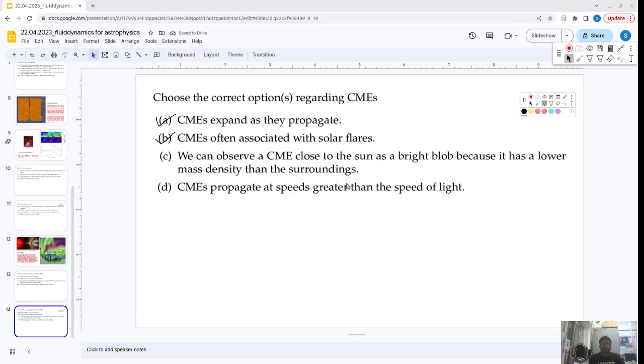So that's it for the last interactive session for this course on fluid dynamics for astrophysics. So we started with basic hydrodynamics, then we found out the hydrodynamic shocks, and then we moved on to MHD, with the magnetic field along with the basic fluid dynamics.